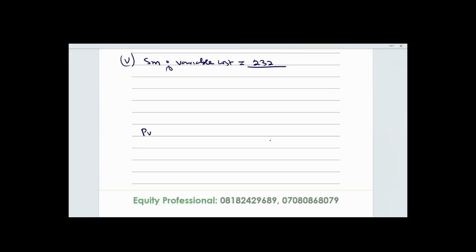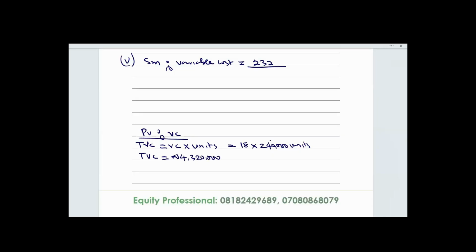Total variable cost is equal to variable cost multiplied by the units produced, which is 18 naira multiplied by 240,000 units. This gives total variable cost of 4,320,000.